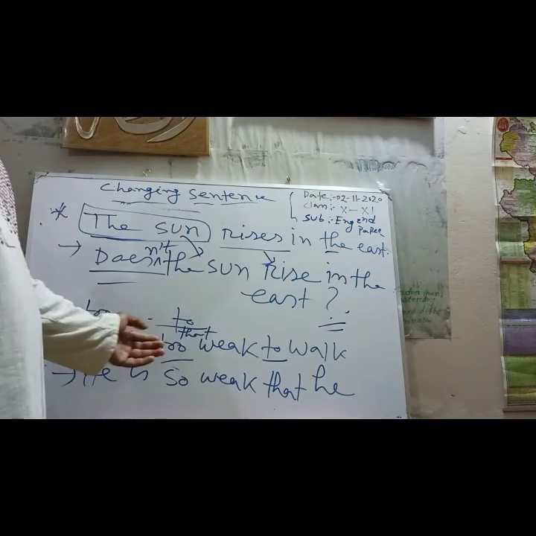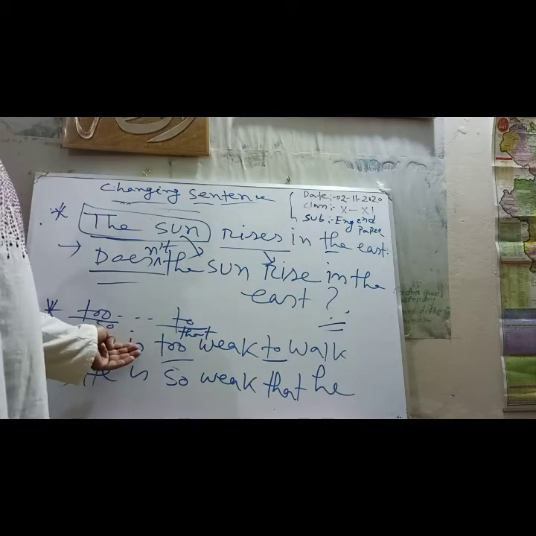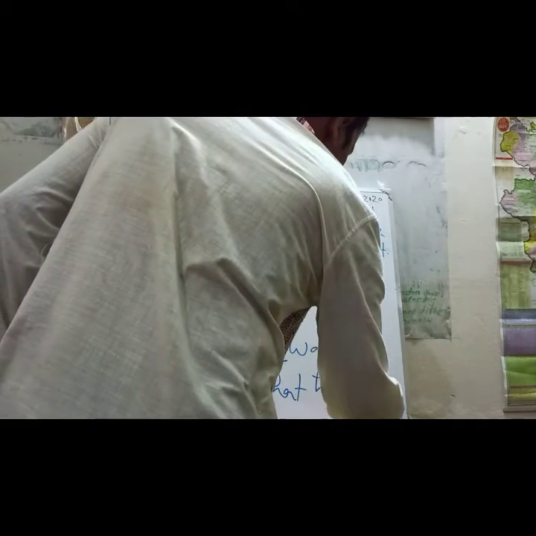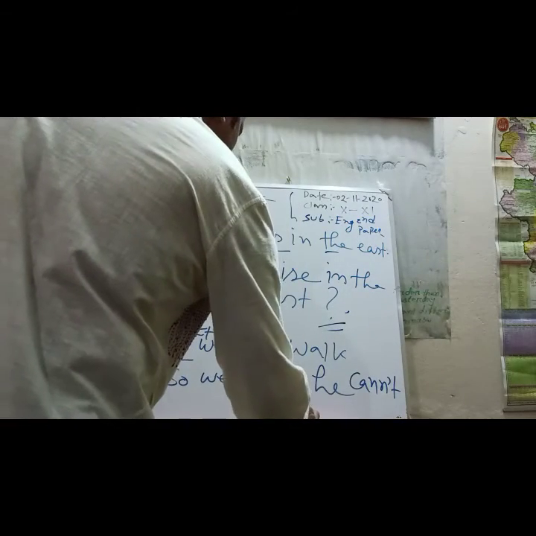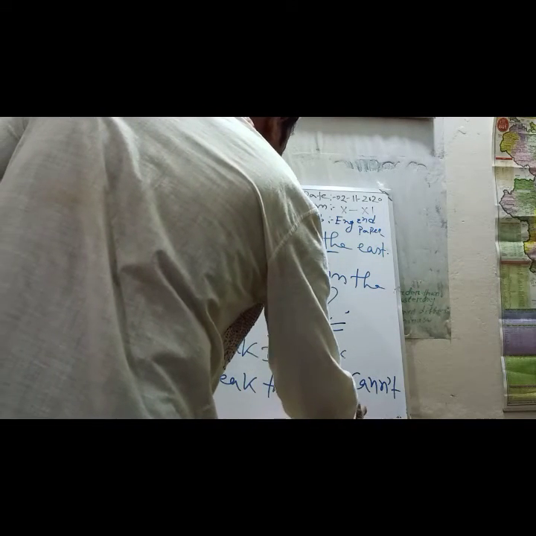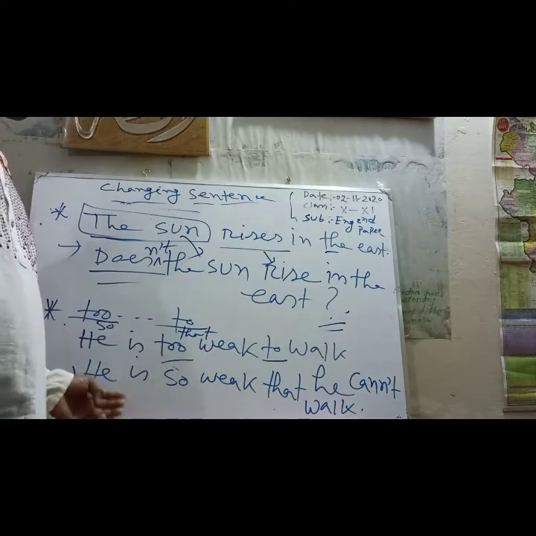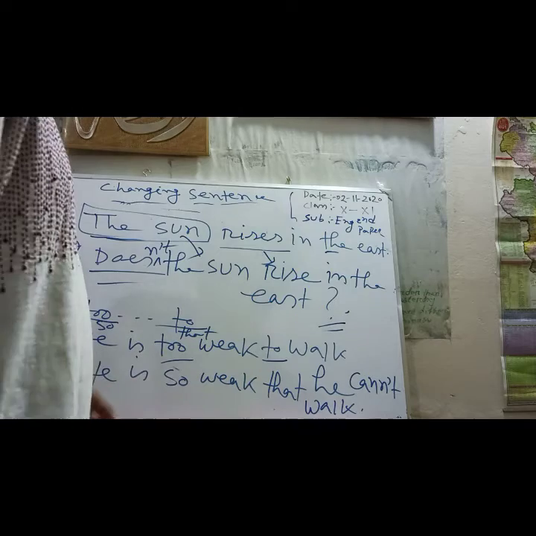If the sentence is in the present form, then we use may or can, and then not, and then the principal verb. So: he is too weak to work. He is so weak that he can't work.